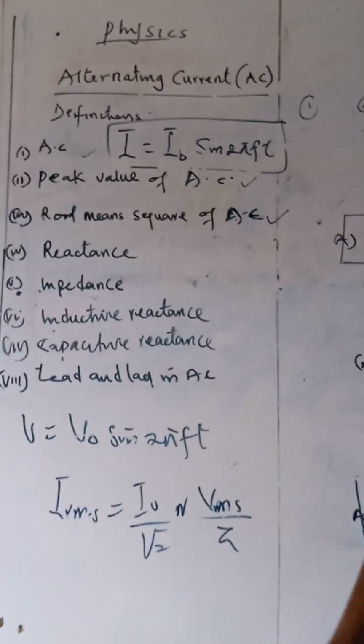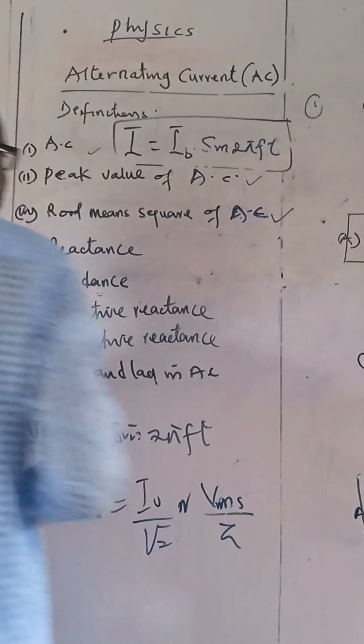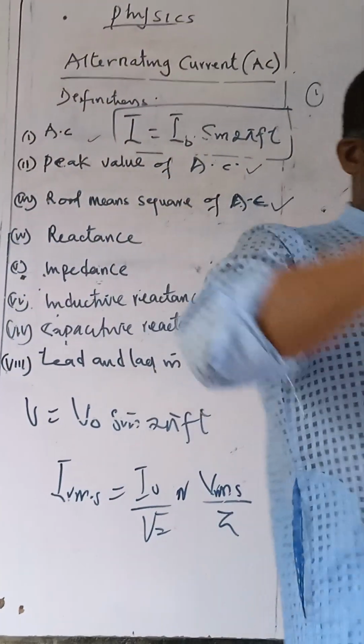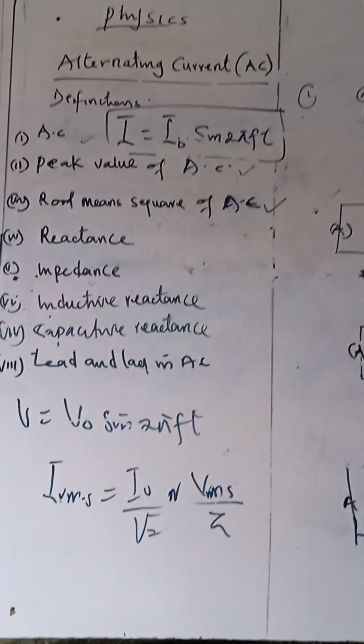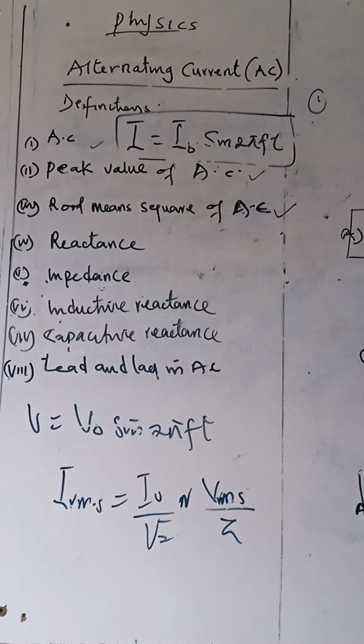Now, let us look at what is called reactance. I have told you that the reason why AC is very important is because the three electronics serve one purpose, and that is the purpose of regulation.